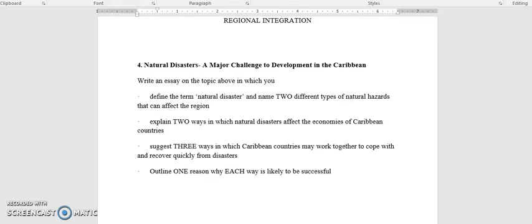So the first question is, define the term natural disaster. I want you to take out your book, your pen, your pencil, and write a definition for natural disaster. What is a natural disaster? Remember to start your answers in complete sentences. All right, begin.